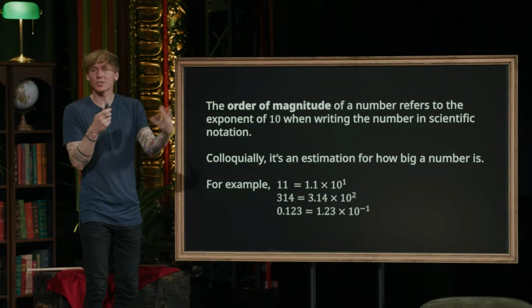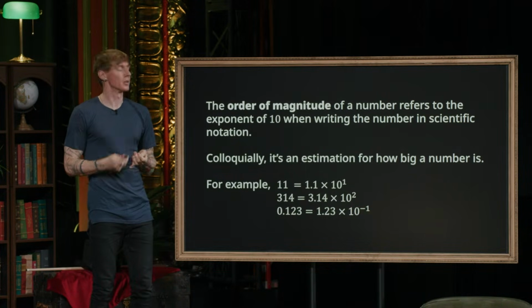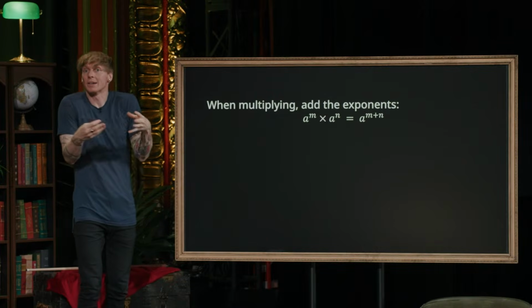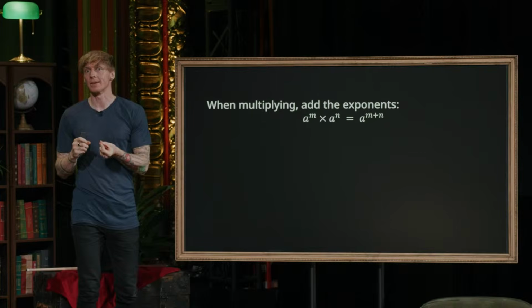Okay, so positive, negative, orders of magnitude, lots of things going on with those powers, but we can also combine them. It's important to be clear on how we combine them.